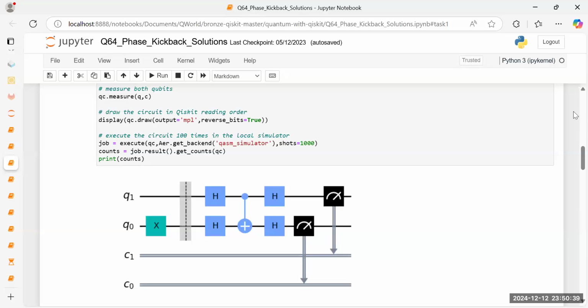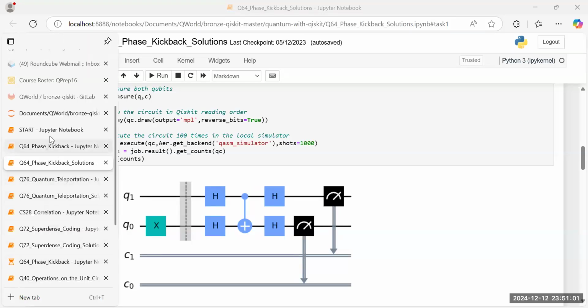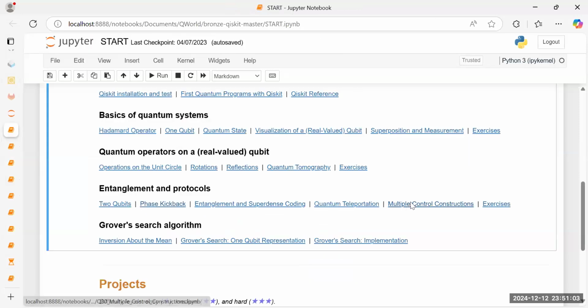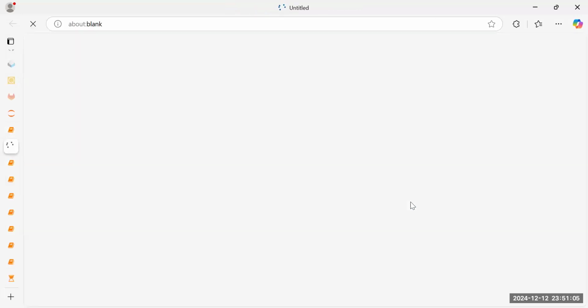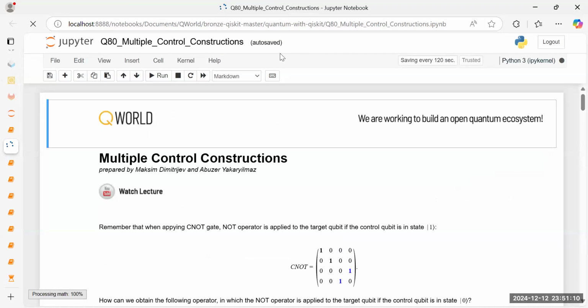So if you look at our circuit, we had the plus minus states, but when we applied C0, a negative sign got kicked back here. So this is where phase kickback actually occurs, and we get minus minus. Okay, so I'm just going to jump on to the final notebook on multiple control constructions. And we can call it a day.